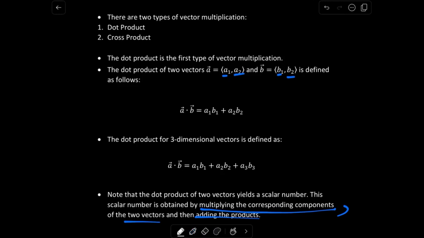And then if you have a three-dimensional vector, you'll have three components. So you'll take A3 multiplied by B3, and you'll get an answer for A1 and B1, A2 and B2, and A3 and B3, and then you just add them all up. Okay, so you're multiplying the corresponding components, and then you're adding them up. It's that simple to calculate a dot product.